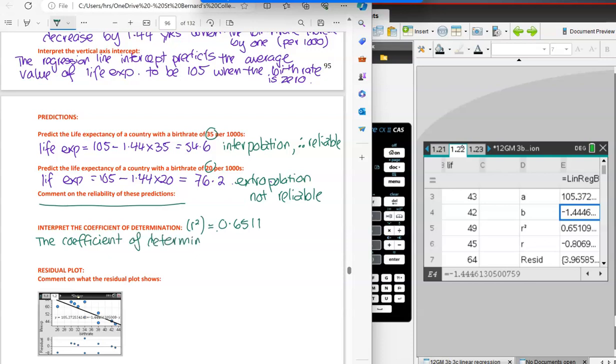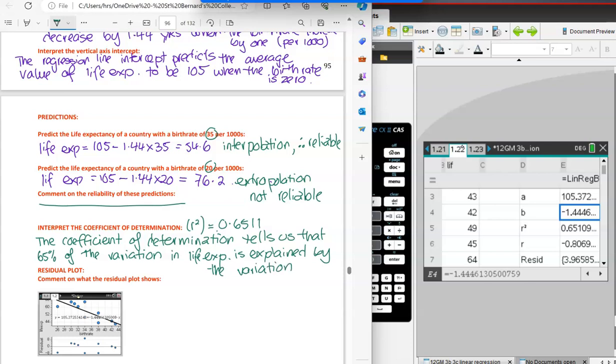The coefficient of determination tells us that, and this is where I'm changing it to a percentage, 65% of the variation in life expectancy is explained by the variation in birth rate.